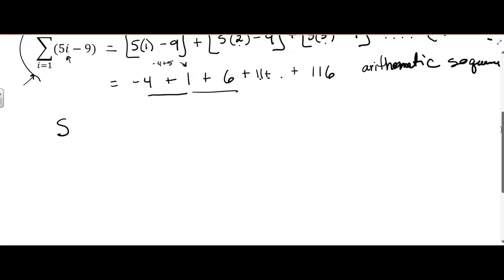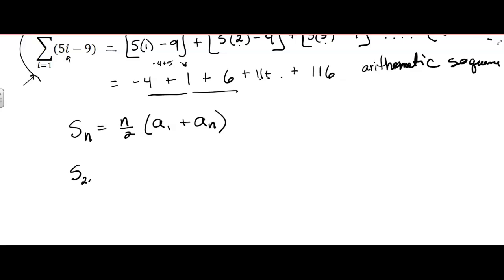So now I'm going to be finding the sum of the first 25 terms based on this right here. I should have written the formula. Let me write the formula. S sub n equals n over 2 times a sub 1 plus a sub n. And the book did write it that way, but sometimes you see it the other way.